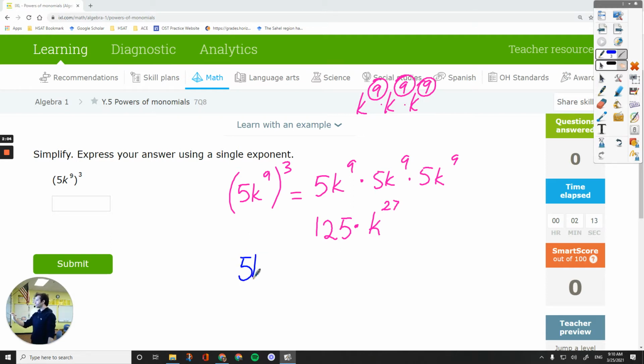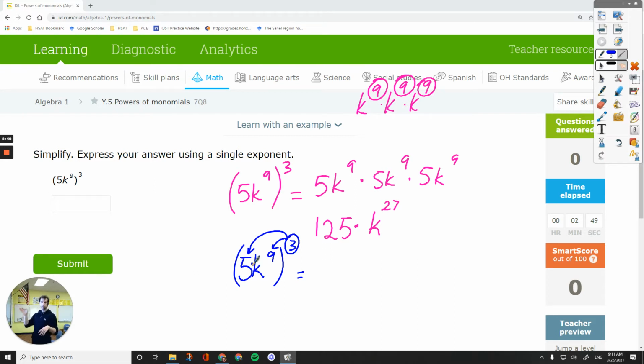So the parentheses makes the difference. So make sure if you have a parentheses, keep it that way. If not, think about what you need to do when you don't have a parentheses. So what this does, that power is going to affect this k to the power of 9, plus it will impact that 5, because 5k is not just one term, it is 5 times. 5 is one term, k to the power of 9 is the second term.